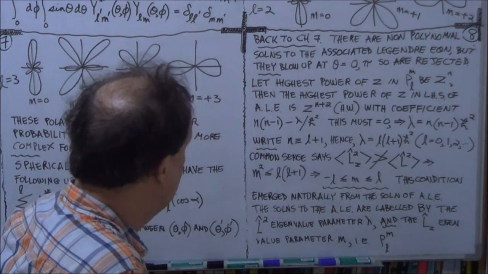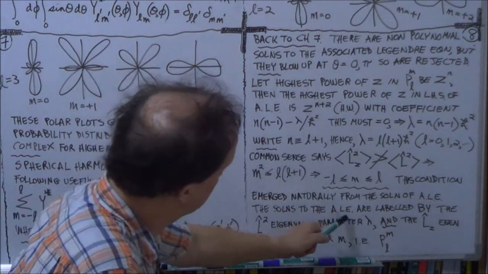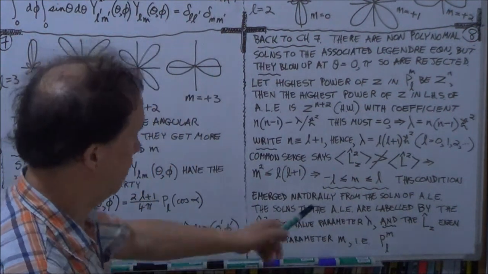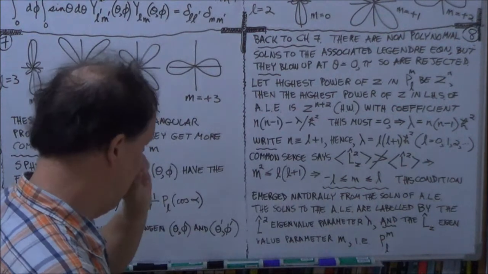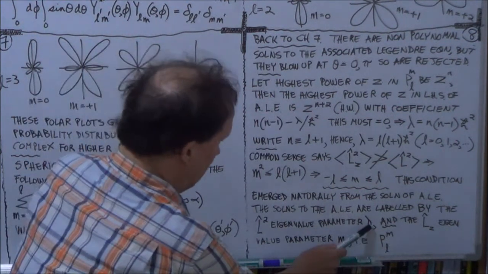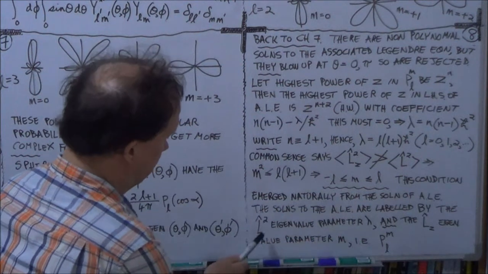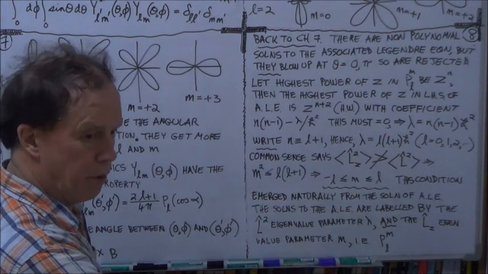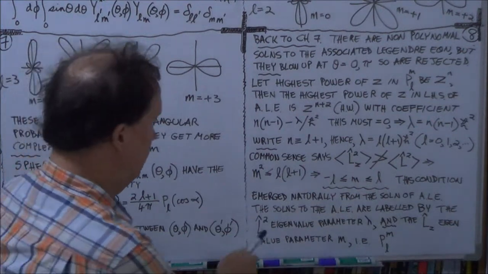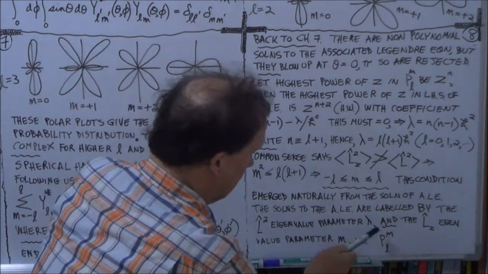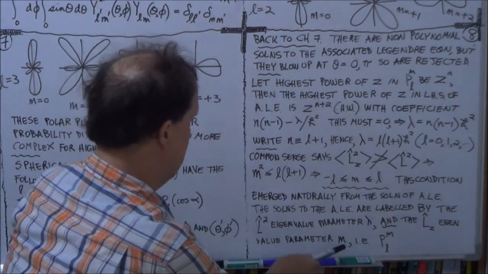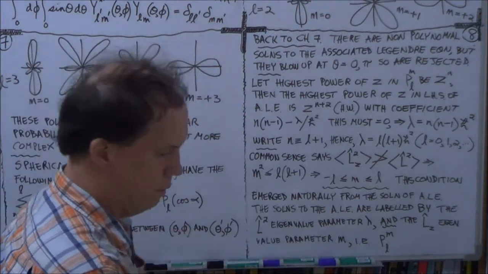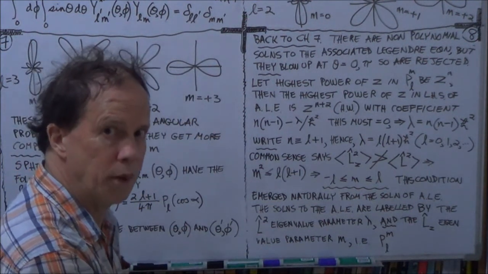So the solutions to this associated Legendre equation, you can label them, and this too is revision in a sense, by the eigenvalue lambda, which is the eigenvalue of L squared, the square of the operator of the total angular momentum L. And the other parameter is the eigenvalue M, which is the eigenvalue of the z component of your angular momentum.